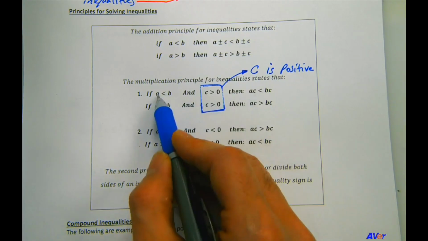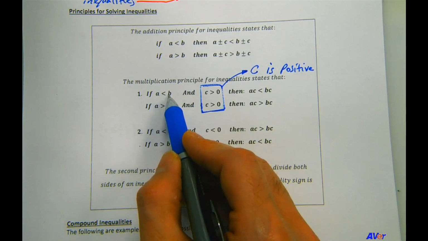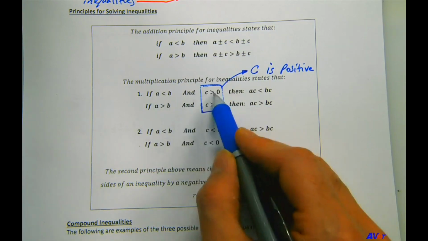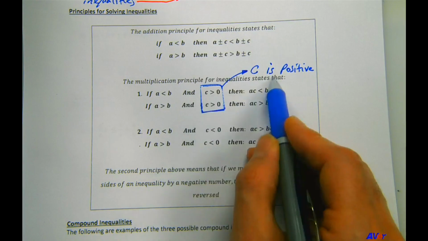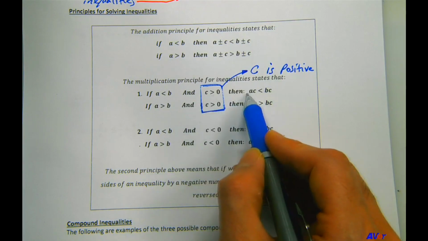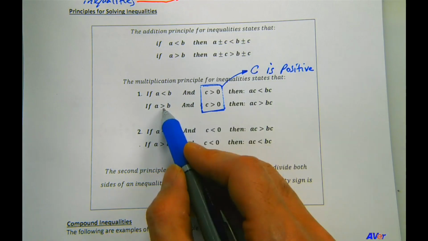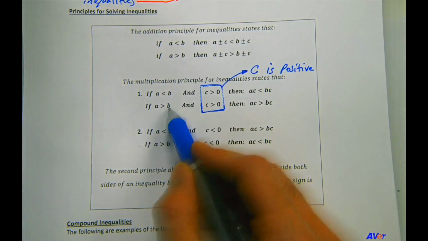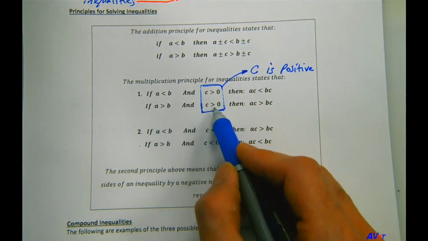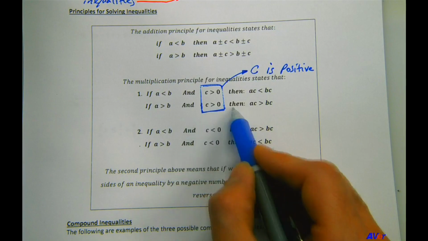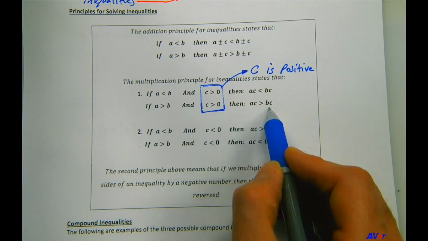The left side was less than the right side, and it's still less after multiplying. If we start with the left side greater than the right side and multiply both sides by a positive constant, the left side remains the larger side.